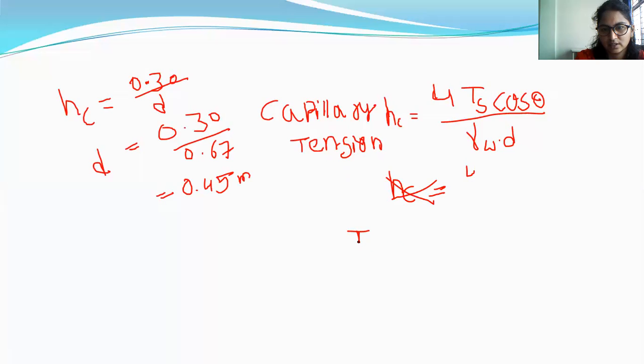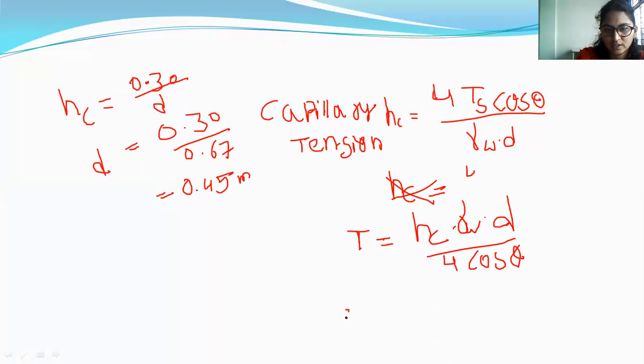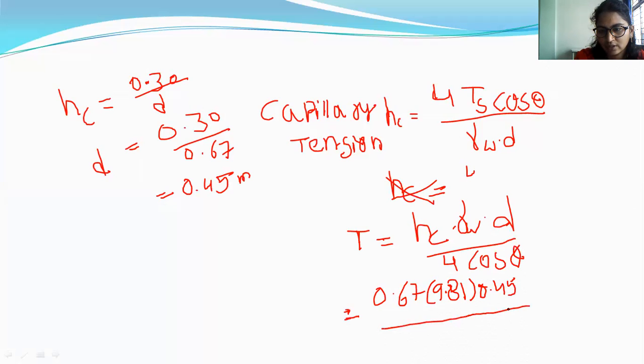So capillary tension T is equal to h c into gamma w into d by 4 cos theta, that is equal to 0.67 into 9.81 into 0.45 by 4 into cos 0.